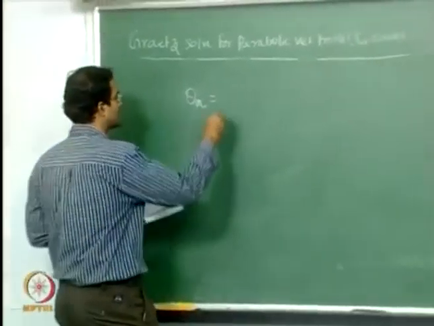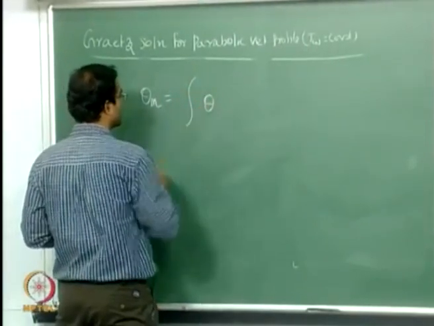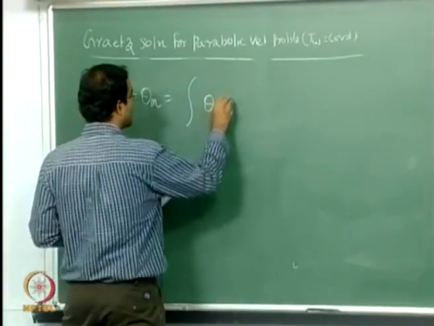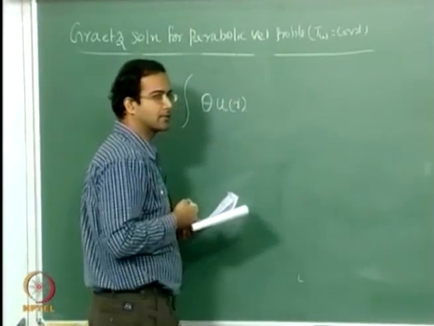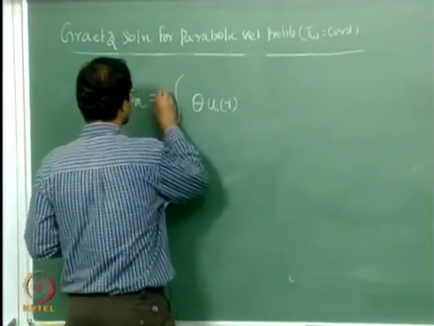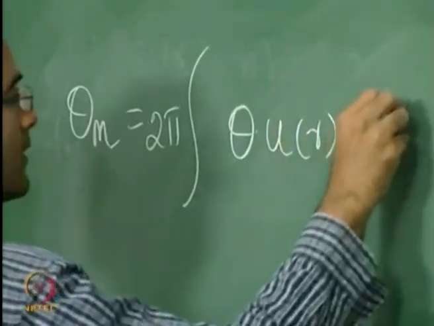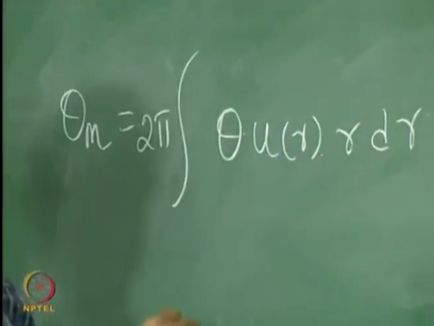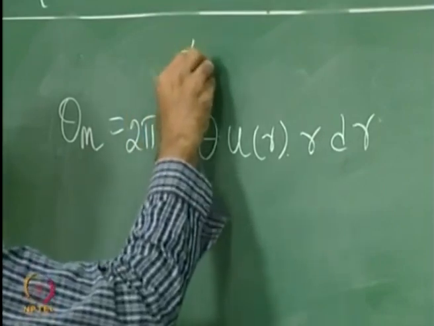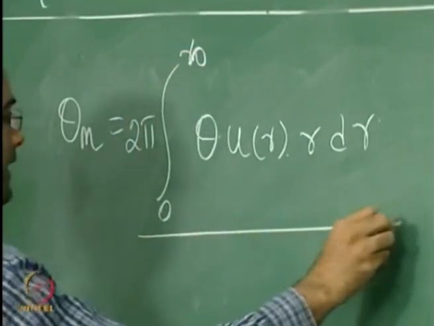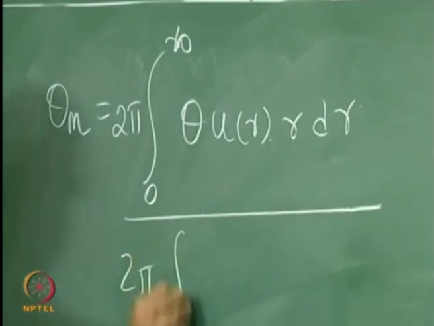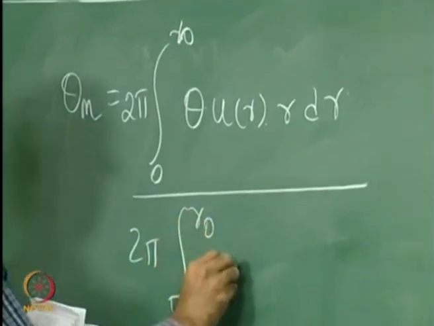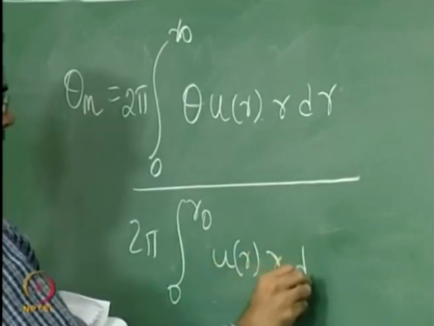According to the basic definition, I take my non-dimensional temperature, multiply it by the velocity and integrate across the cross sectional area. So that is 2 pi into r dr, from 0 to r naught. This I divide again by the mass flow rate, so that is 2 pi integral 0 to r naught of u of r into r dr.